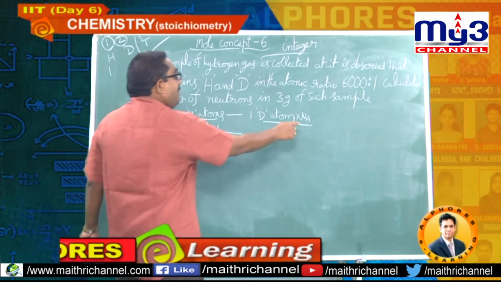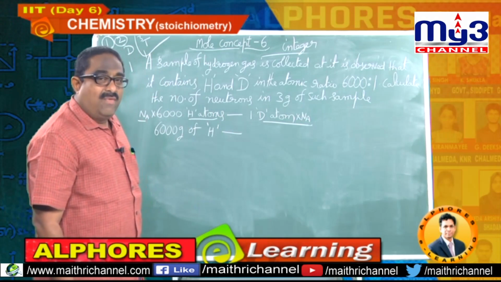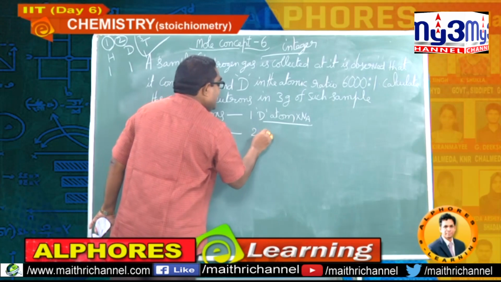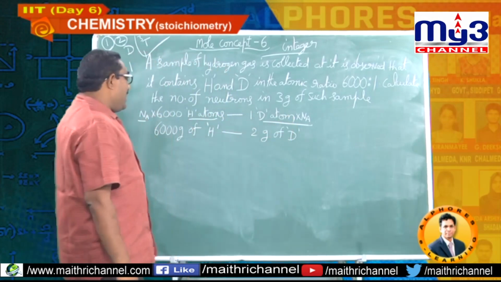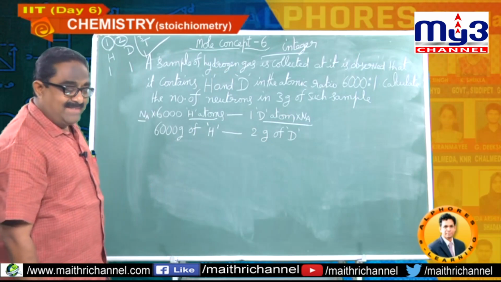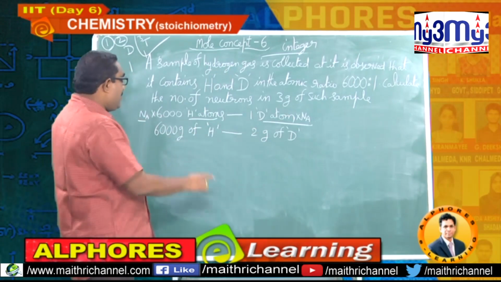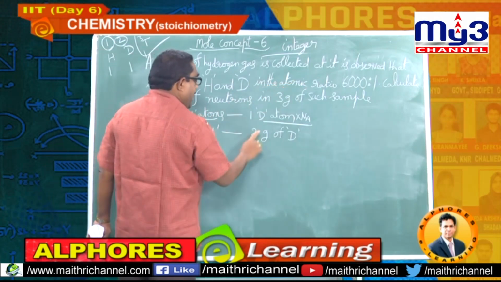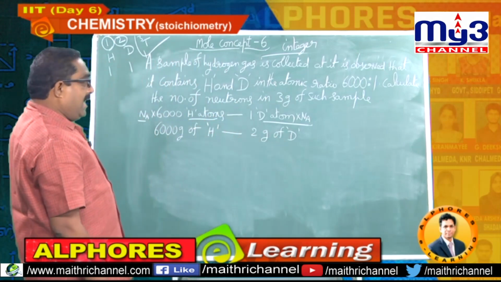So Avogadro number of atoms weight is nothing but atomic weight of deuterium. What I have told you, 2 grams. That is 2 grams of deuterium. Now we got some data in the form of weights. So based on the data, one can write like this: 6000 grams of hydrogen is available on combination with just 2 grams of deuterium. Okay.